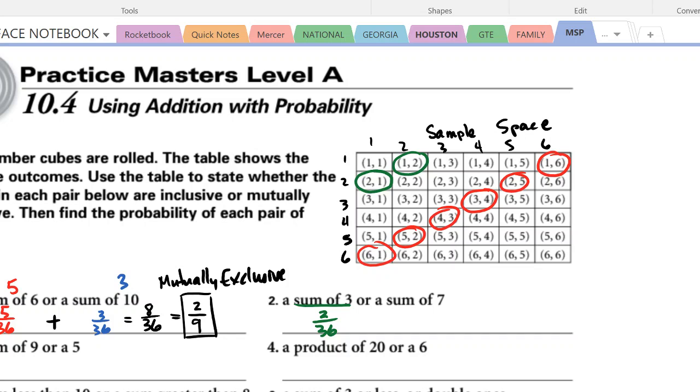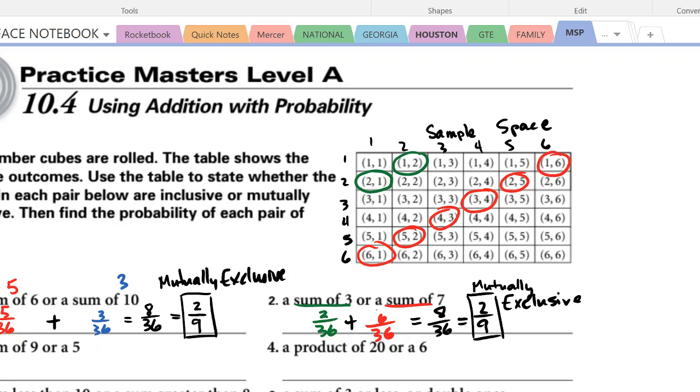Okay, so that's 1, 2, 3, 4, 5, 6 out of 36. So when you take a look at those, that would be 6, 7, 8 out of 36, which is also 2 out of 9. And if you take a look at that, is there any overlap at all? And the answer is no. So far, so good. So let's go to the next one.